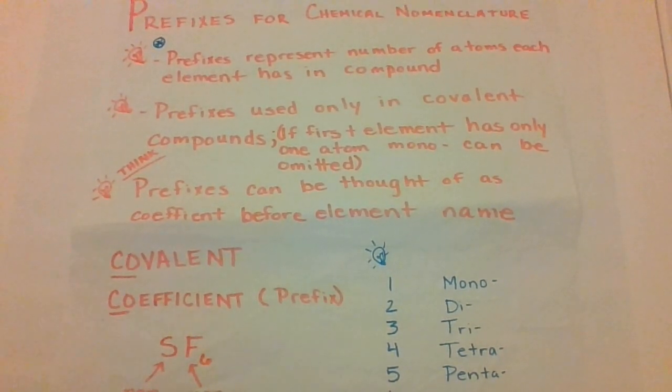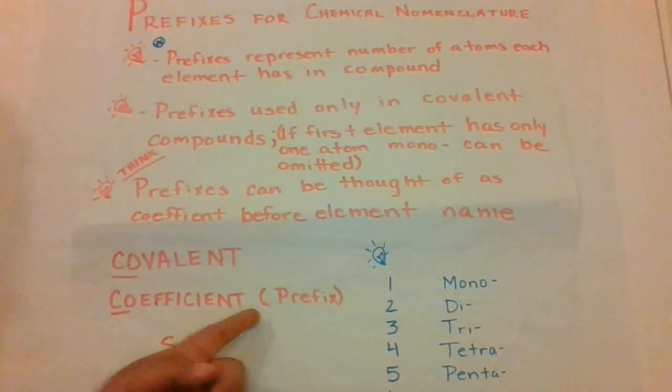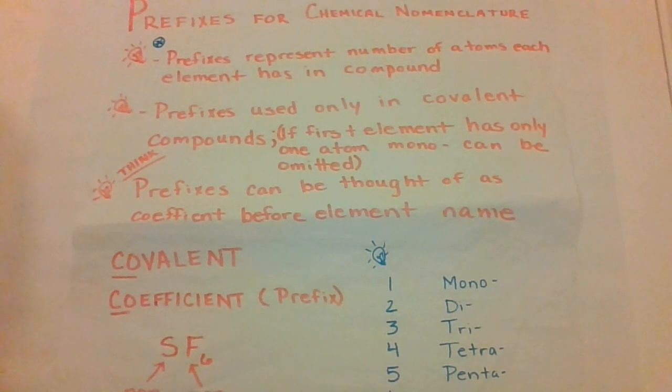Prefixes are used only in covalent compounds. And a side note is if the first element has only one atom, mono can be omitted. Also, think of prefixes as a coefficient before the element's name. So covalent, it's coefficients. In this sense, we're thinking of coefficients as prefixes.